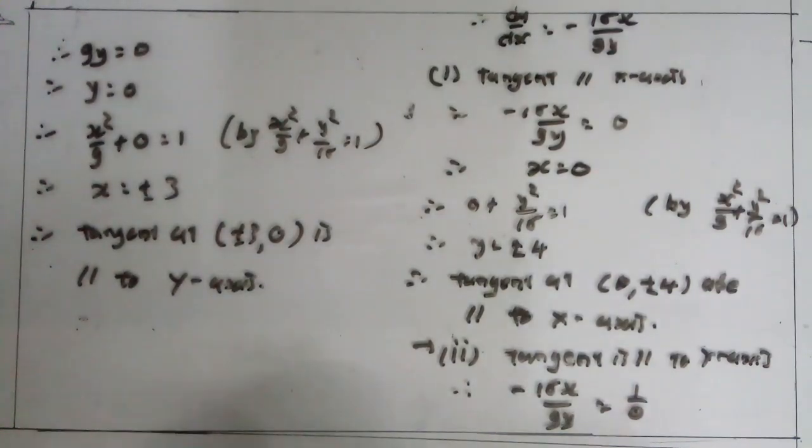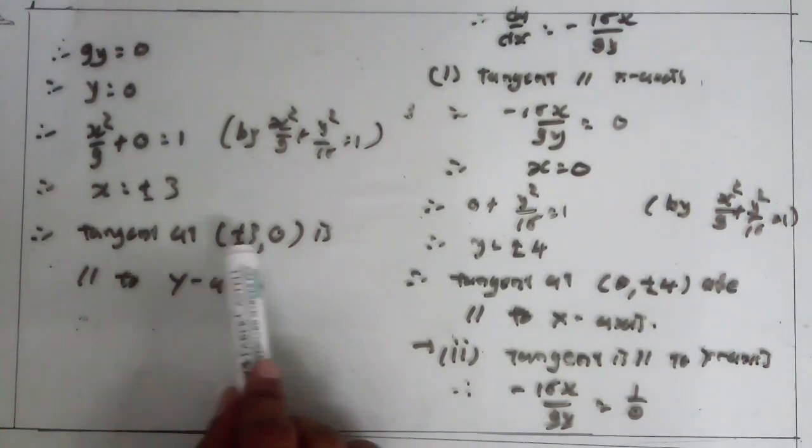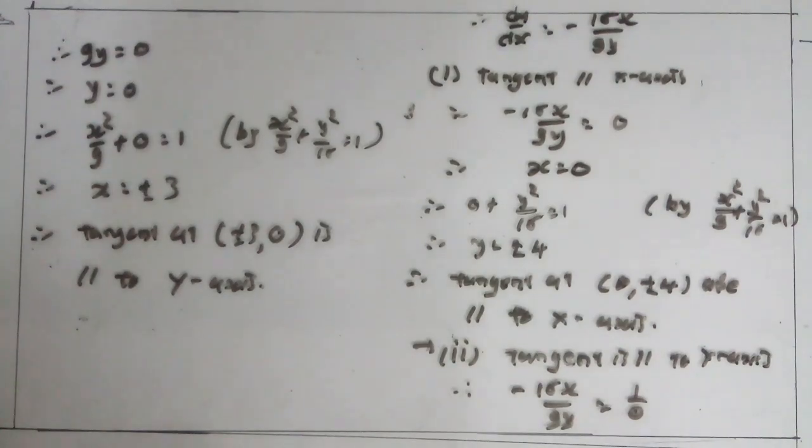Clear? So we get 2 points on the curve where tangent is parallel to x axis, and 2 points on the curve where tangent is parallel to y axis.